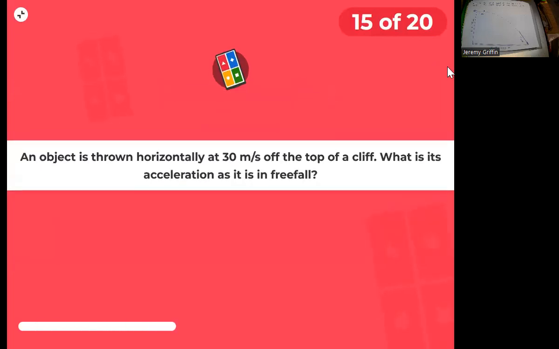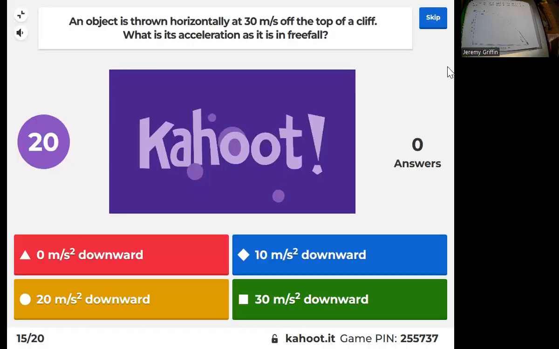Object thrown horizontally at 30 meters per second. What is the acceleration in free fall? Acceleration.